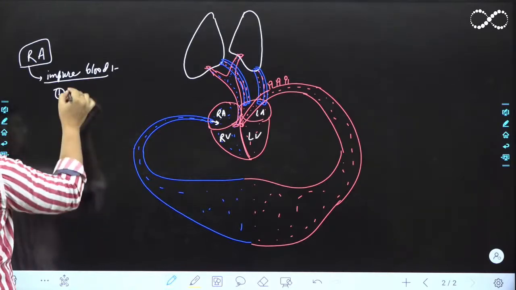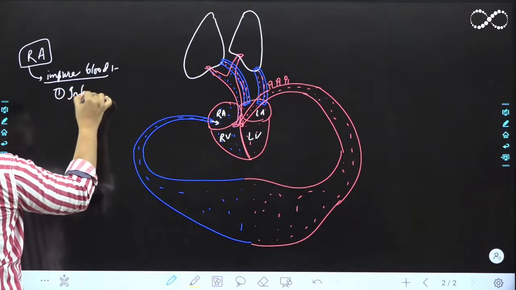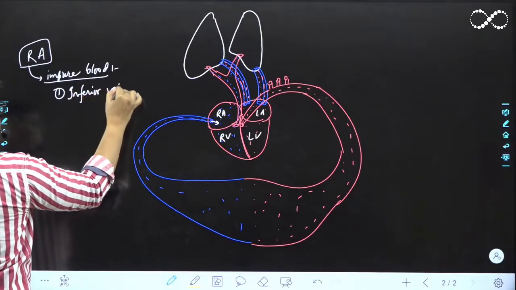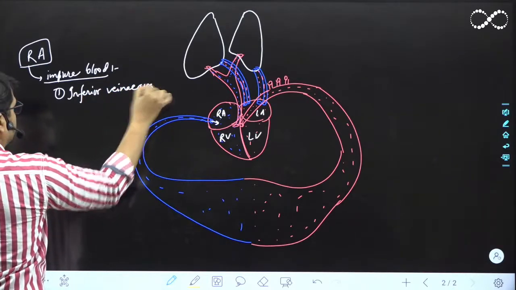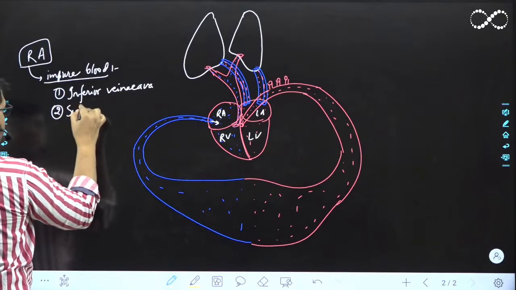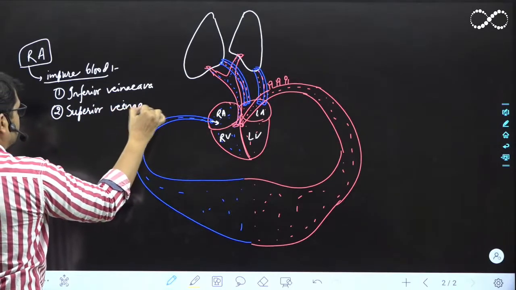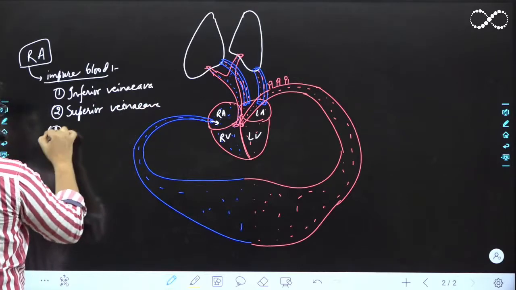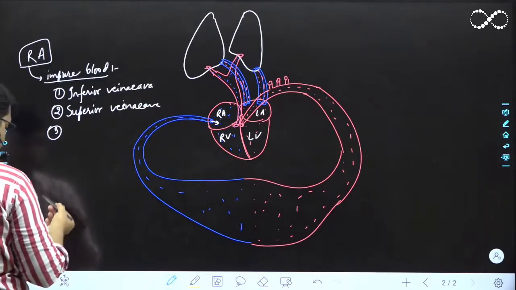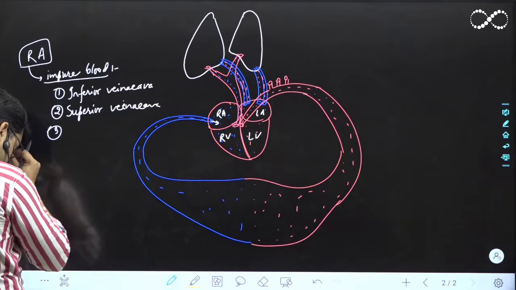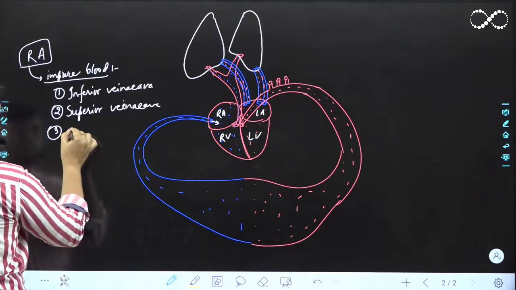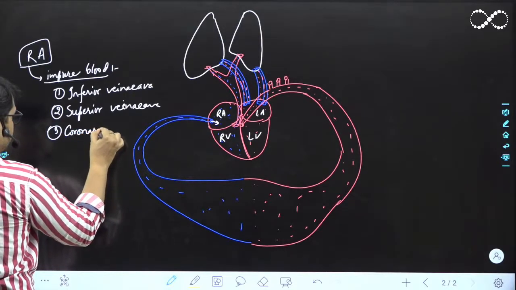Okay, what are these? Number 1 is called inferior vena cava. Number 2 is called superior vena cava. And number 3 is called the coronary sinus.